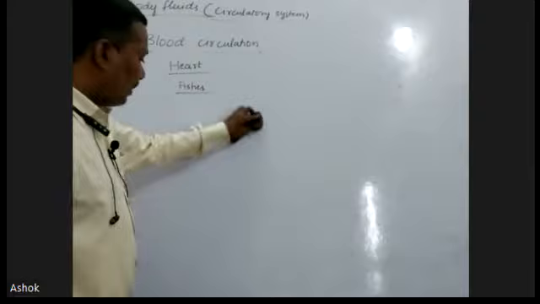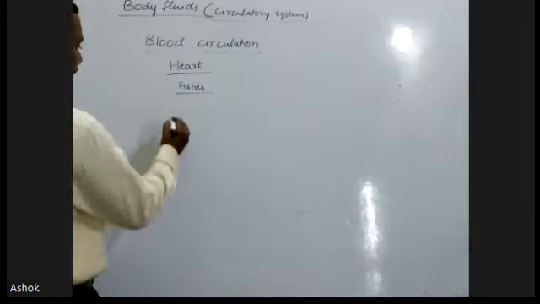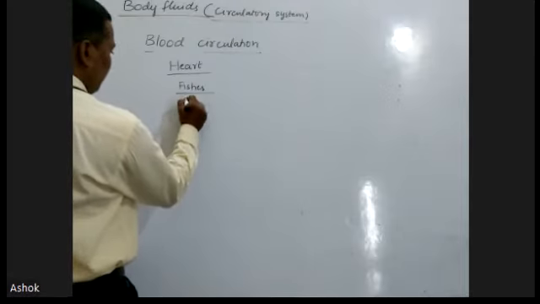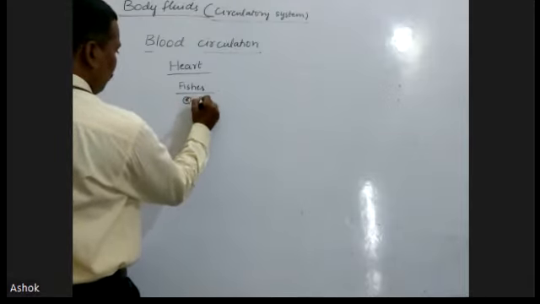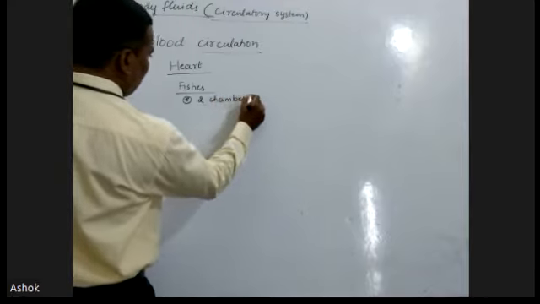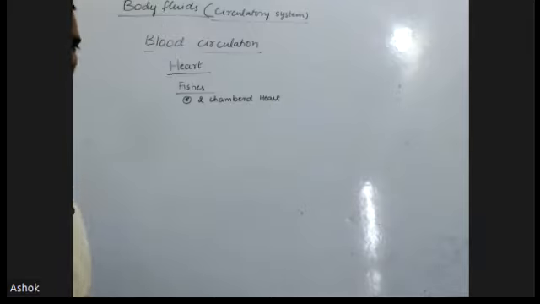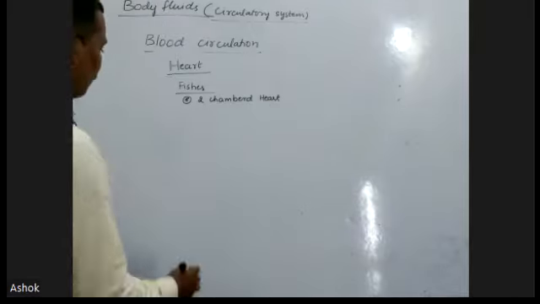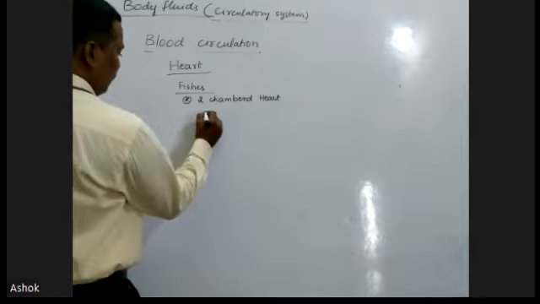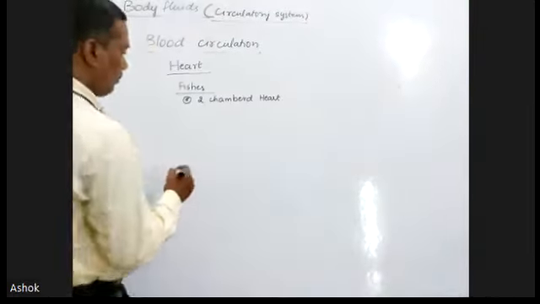How the heart functions in the fishes. Here, Nana, fishes contain a two chambered heart. One is the upper chamber, the second is the inner chamber.